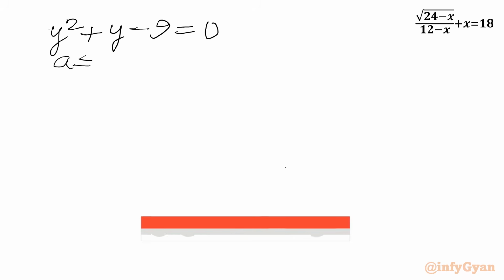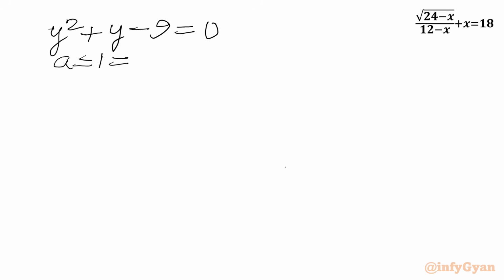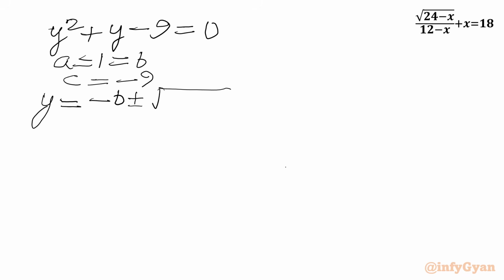Here a, the coefficient of y square, is 1, which is equal to the coefficient of y, b, and c is minus 9. As per the formula, y is equal to minus b plus minus square root of b square minus 4ac over 2 times a. Let's plug in all the values of a, b and c.